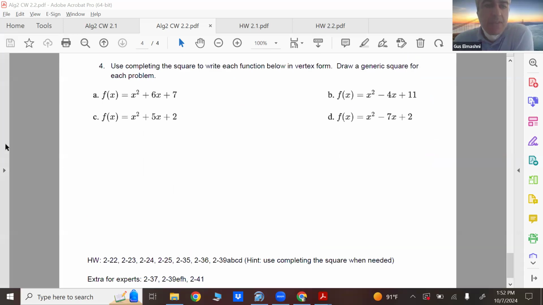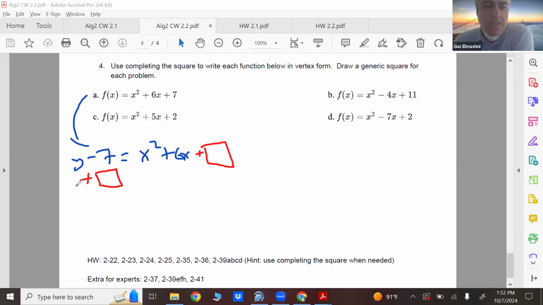For A, start by doing this. For B. Good. Yes. You guys get the idea. I'll let you guys go through the motions.